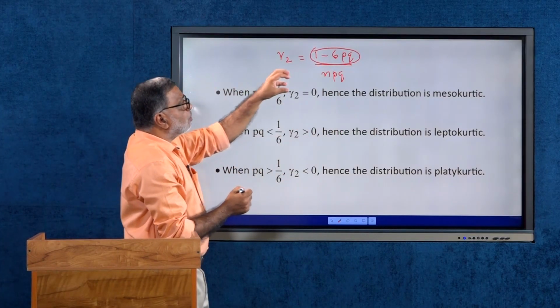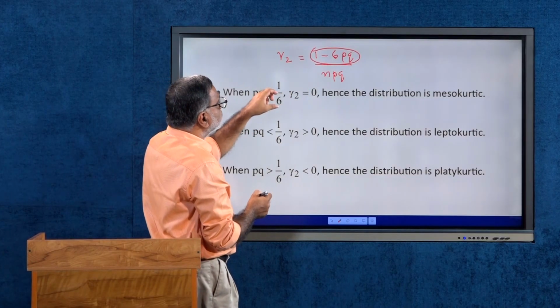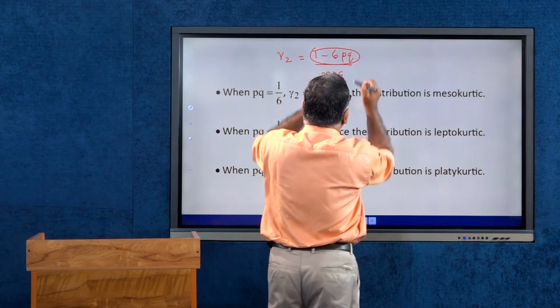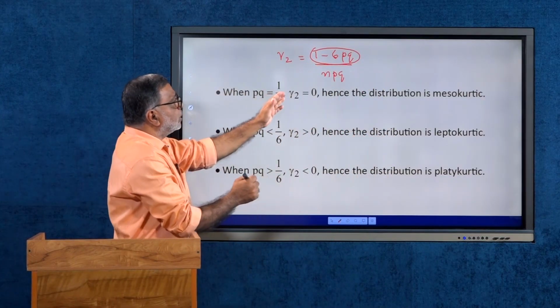So 1 minus 6 p q is 0 when p q is equal to 1 by 6.